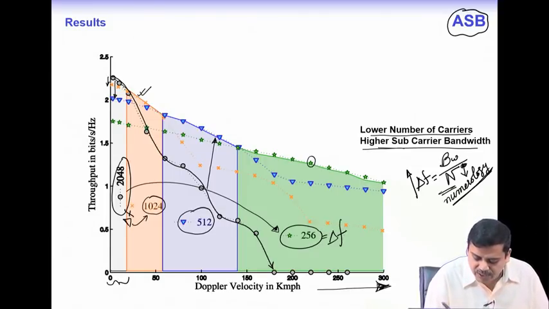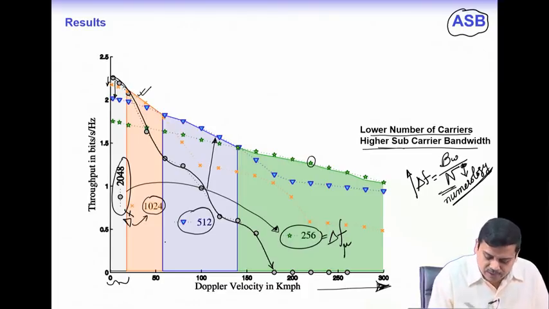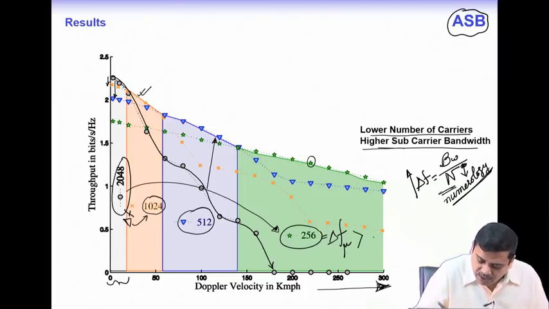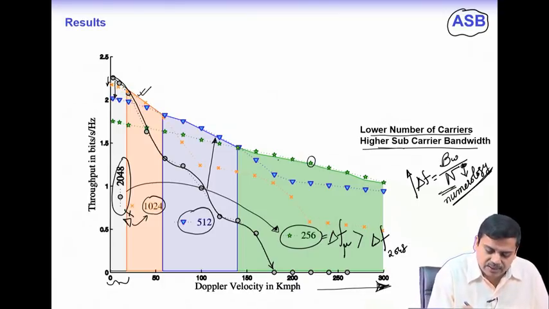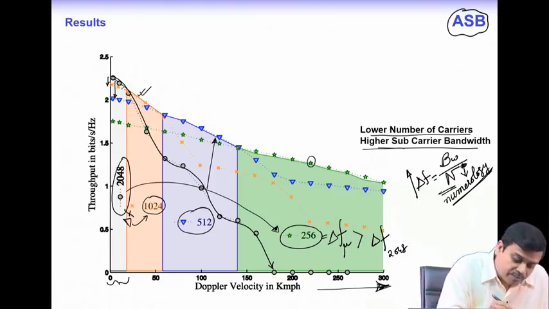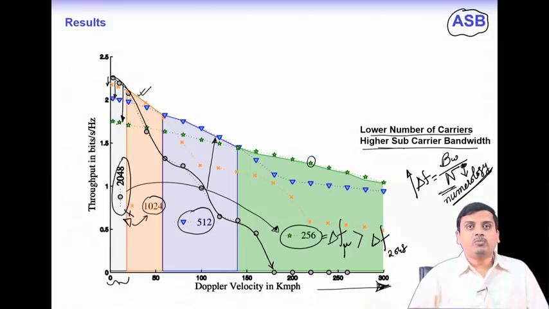So, this delta f mu is much larger than delta f of 2048, and hence it can support a larger throughput over here, but there is a significant reduction in the throughput in the lower mobility condition.